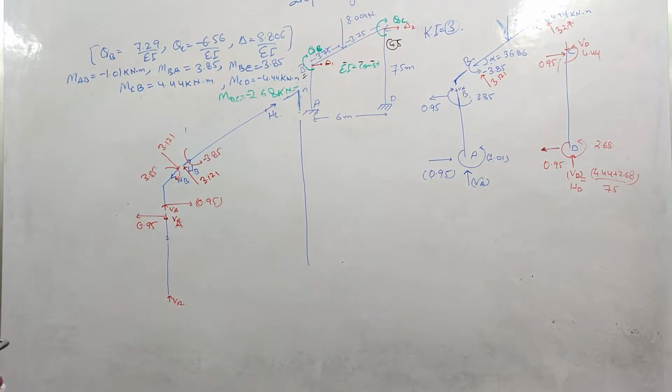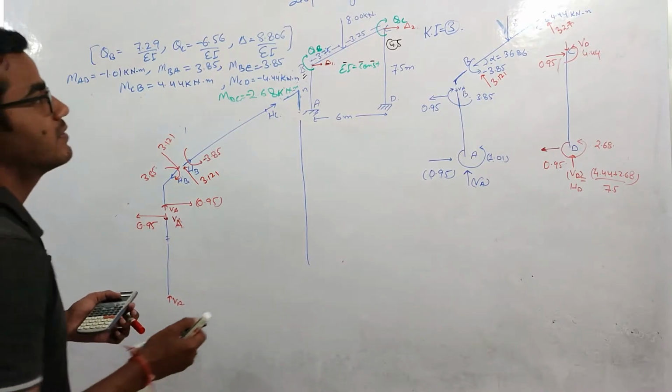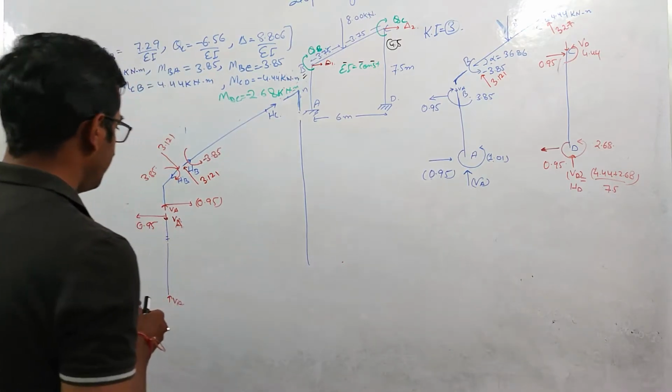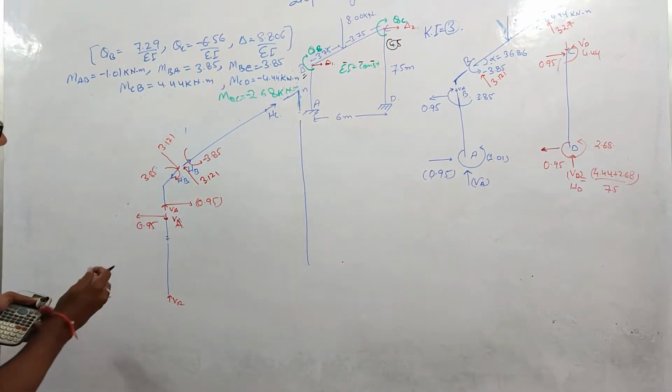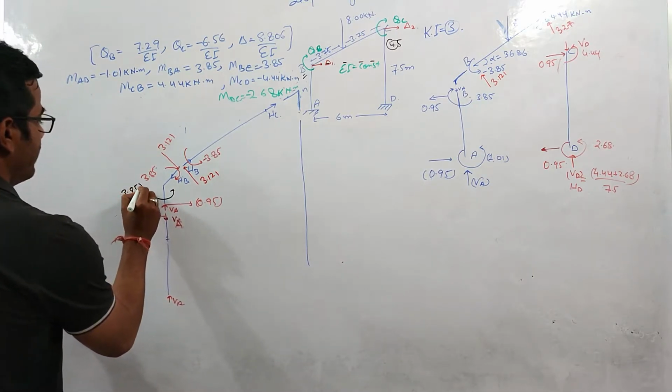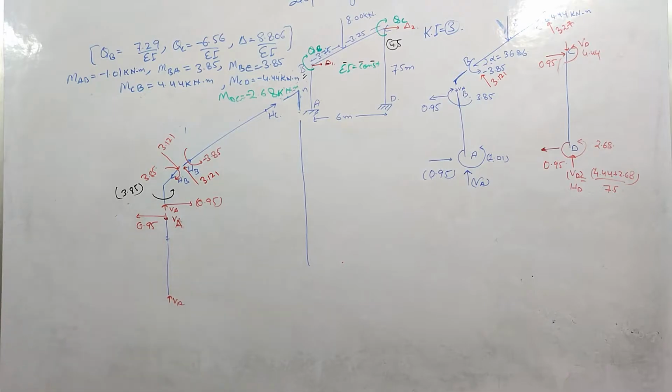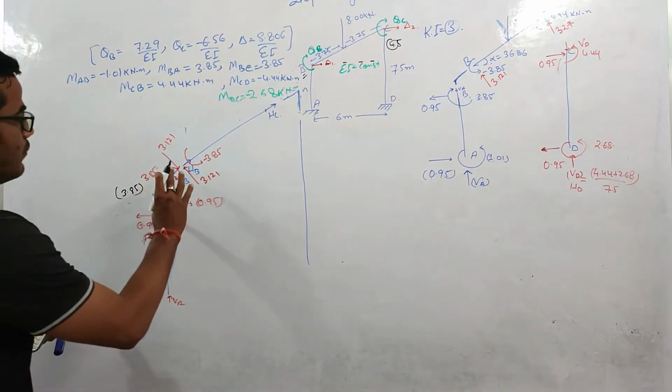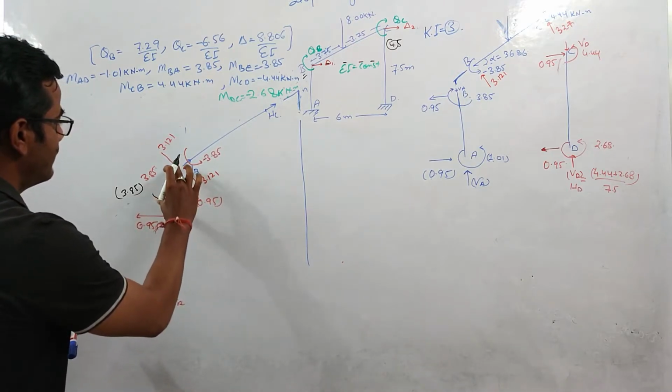And one moment is there. This 3.85 is anti-clockwise, so there will be an anti-clockwise moment 3.85, right? These are the forces which will be acting at this portion only.